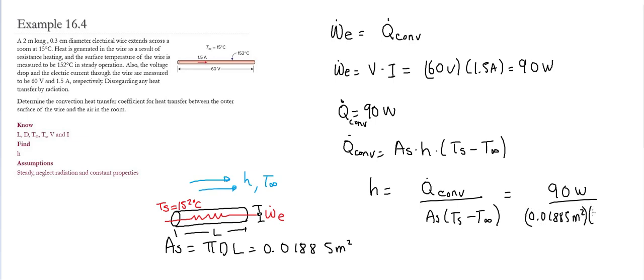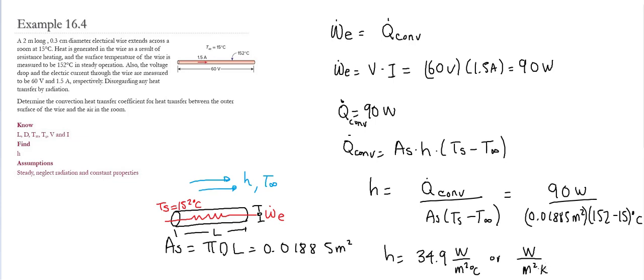The surface temperature is 152 Celsius and the ambient temperature is equal to 15 Celsius. So we plug this in and the value for h is 34.9, and the units are watts per meter squared Celsius, or it could also be written as watts per meter squared Kelvin.